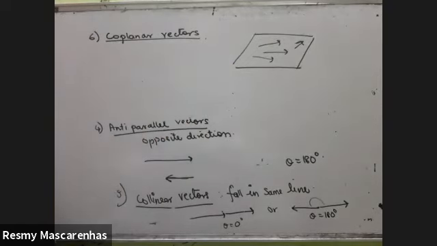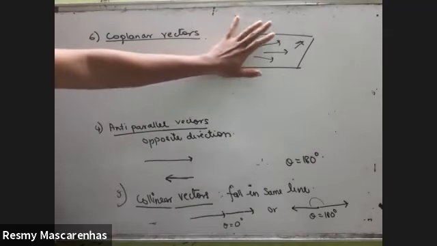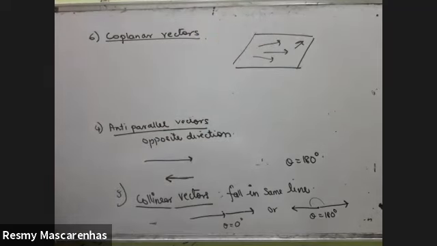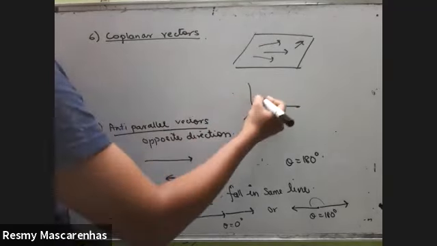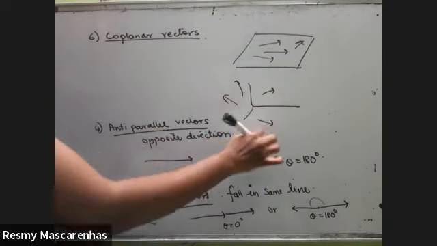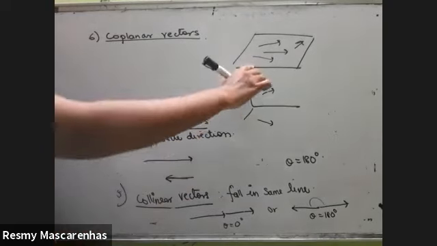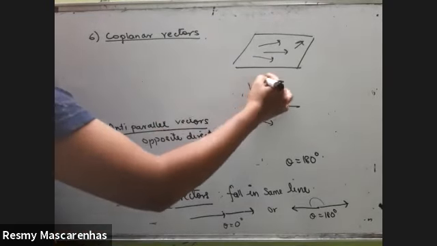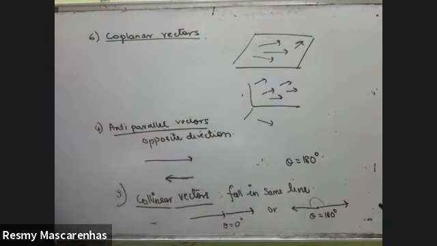Doesn't matter where it is starting from, which side it is going, not necessary it has to be parallel or something. They just have to be on the same wall. If suppose one arrow is here, one is on the floor, one is somewhere here, then these are called non-coplanar. But if everyone is in the same wall, then it would be coplanar.